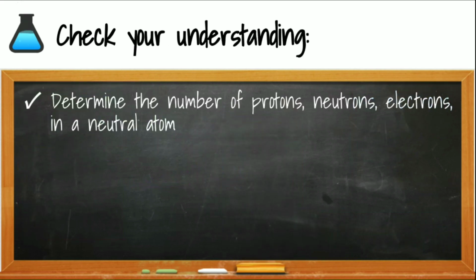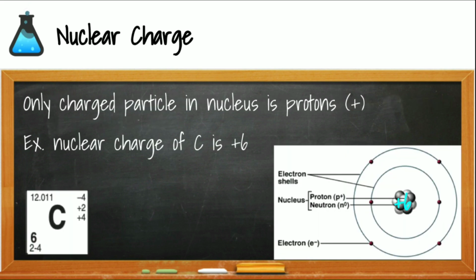By now, you should be able to determine the number of protons, neutrons, and electrons in a neutral atom. Neutral atoms have no overall charge because their protons equal their electrons. But we also need to be able to determine nuclear charge. The nuclear charge is only the charge inside the nucleus.